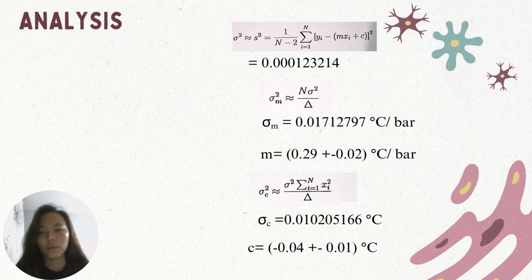As a result, we found that the gradient for nitrogen gas is 0.29 plus minus 0.02 degrees Celsius per bar. And for the intersection point, we obtain negative 0.04 plus minus 0.01 degrees Celsius.